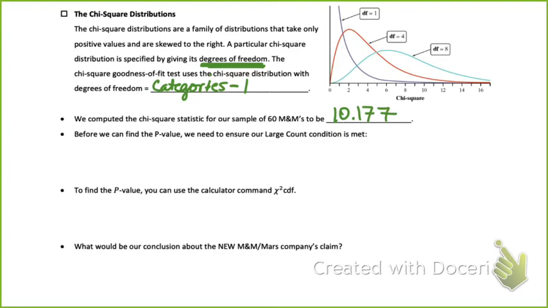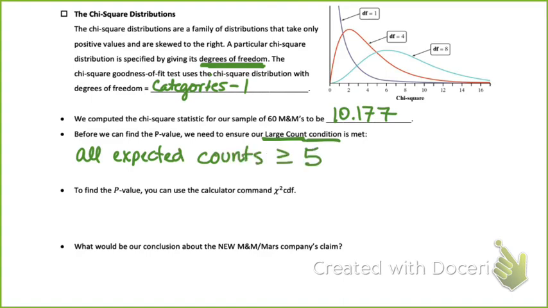Before we can find the p-value, we need to make sure our large count condition is met. This is not the normal condition because it's not a normal distribution. The large count condition for chi-squared distributions is all expected counts have to be greater than or equal to 5.